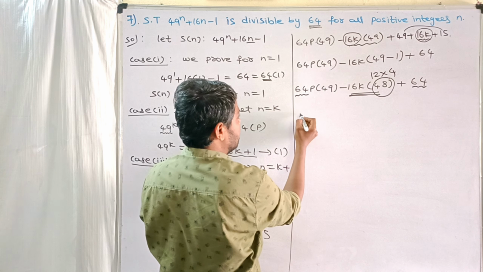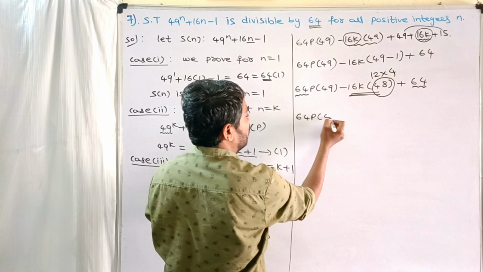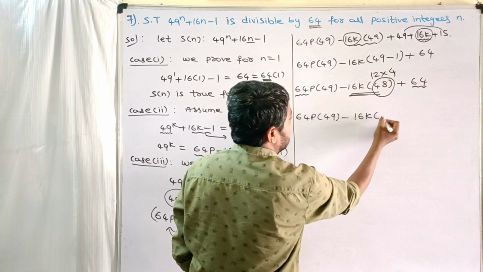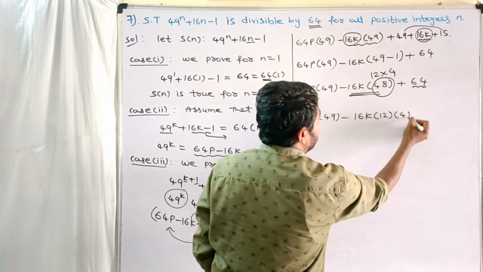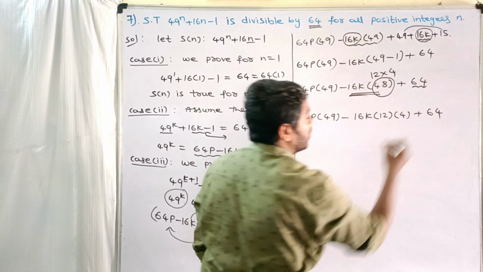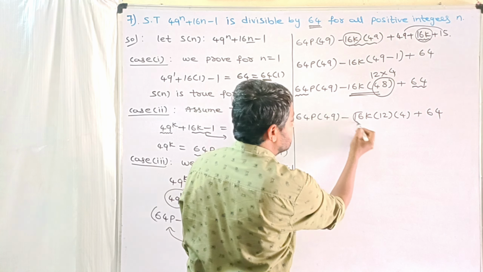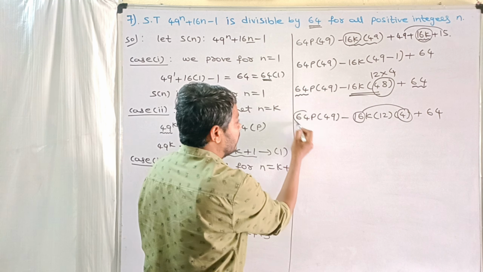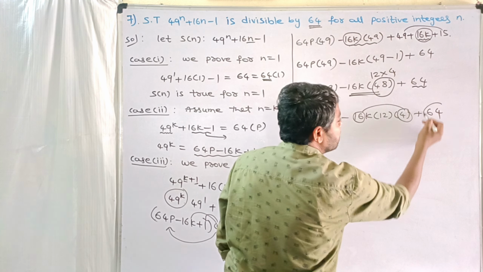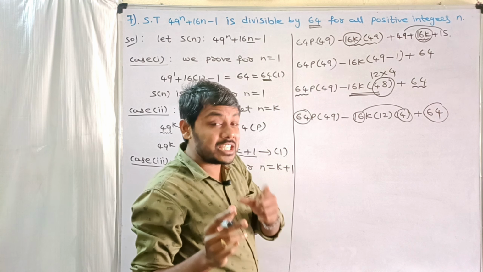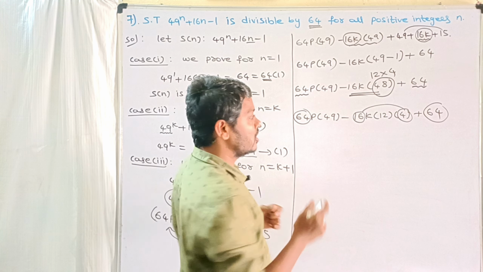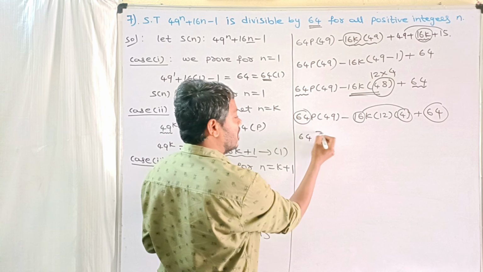So 64p into 49 minus 16k into 12 into 4 plus 64. Now 16 into 4 is 64. Clearly every term contains 64, so we can take 64 common.